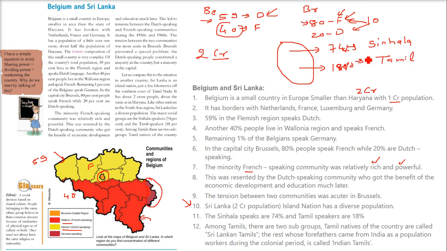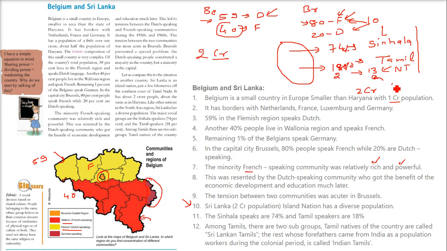Let me tell you about Tamil also. In this Tamil, there are two more bifurcations, 2 subgroups of Tamil. 13% are the native Tamils, those who belong to this nation only.